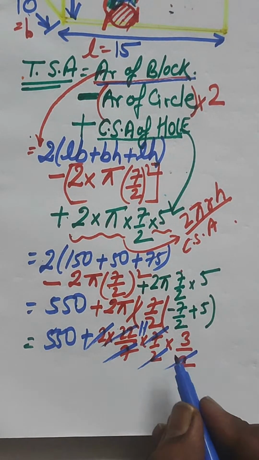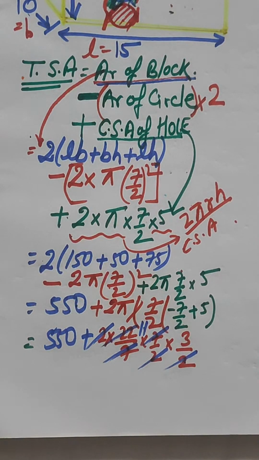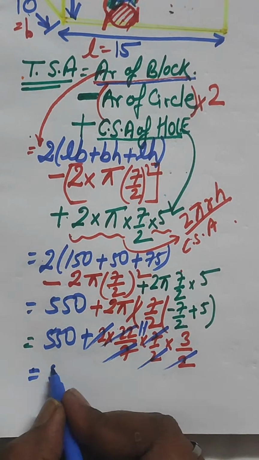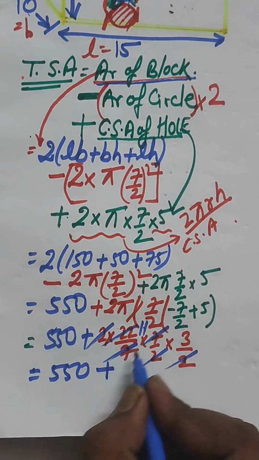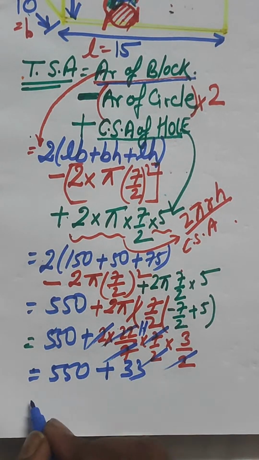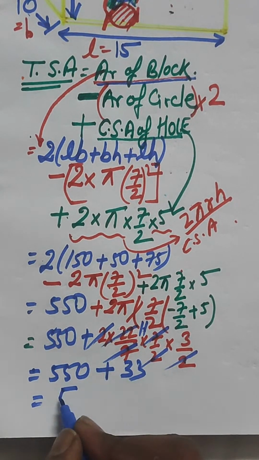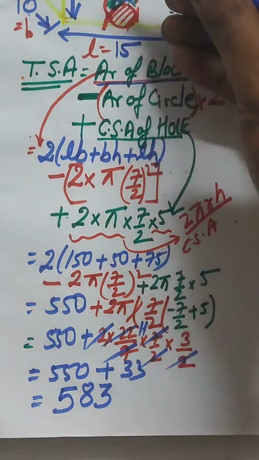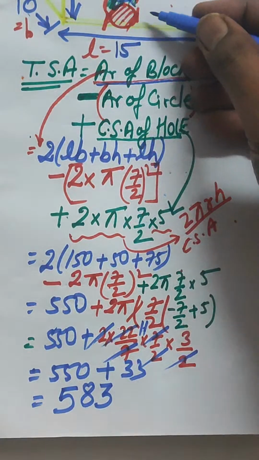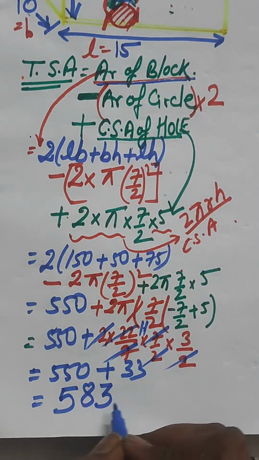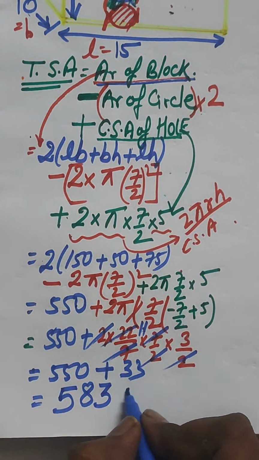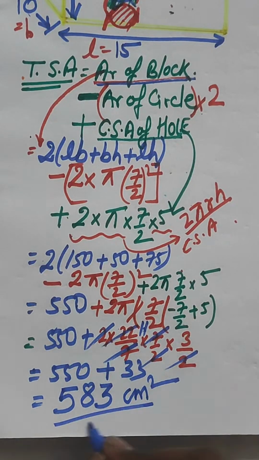So 11 into 3 is 33. So we get the 550 added with this 11 into 3, that is 33. So we get the total surface area of this rectangular block, cuboidal block, where a boring is done, where a cylinder is removed, and the total surface area is coming to us as 583 centimeter square.